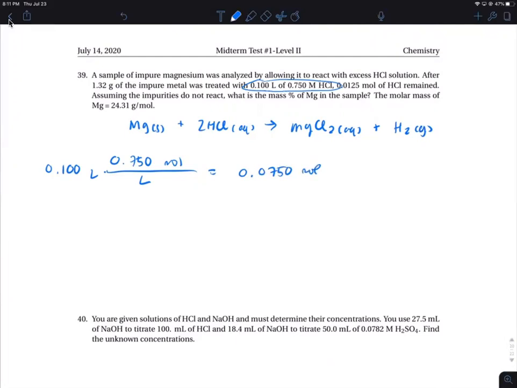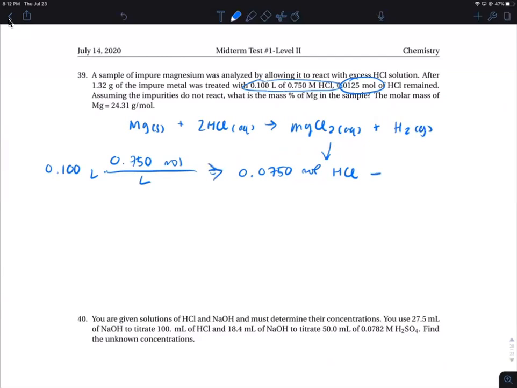Whoops, sorry, I think I was muted. So it's 0.0750 moles of HCl. So the moles of HCl that react with Mg are pretty much the difference. If this is what we have at the beginning, and 0.125 is what we have at the end, the amount reacted is just their difference. So yeah, I hope that makes sense.